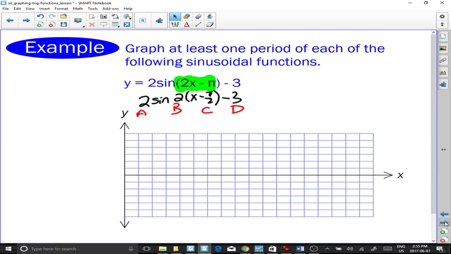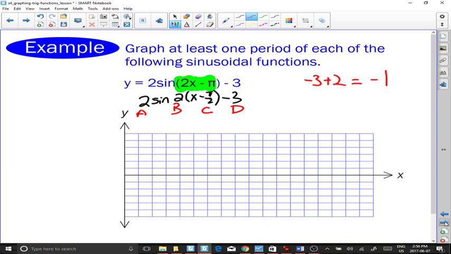So here we go. Let's start with d. D is -3, and a is 2. What does that mean? Well, what that means is the maximum value is going to be -3 plus 2, and that's -1.